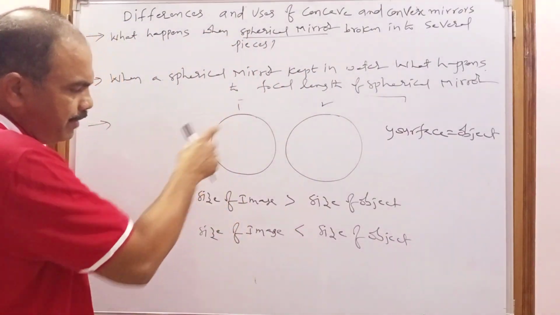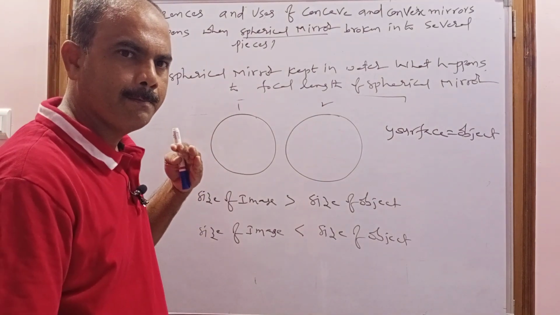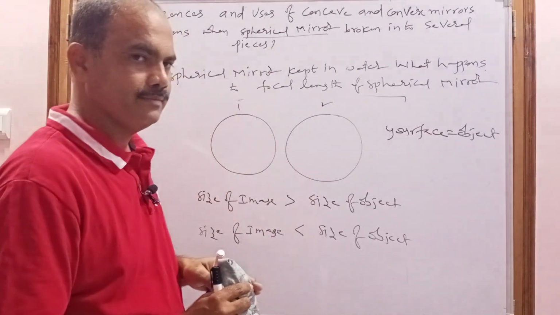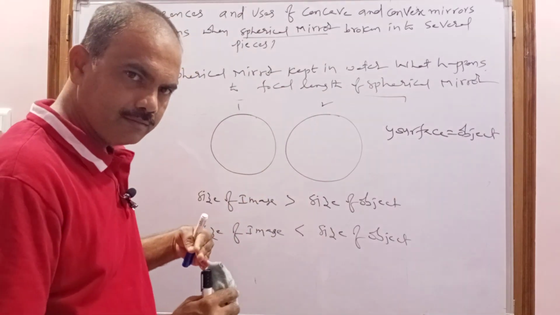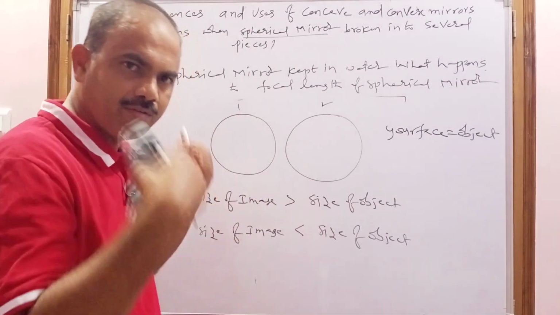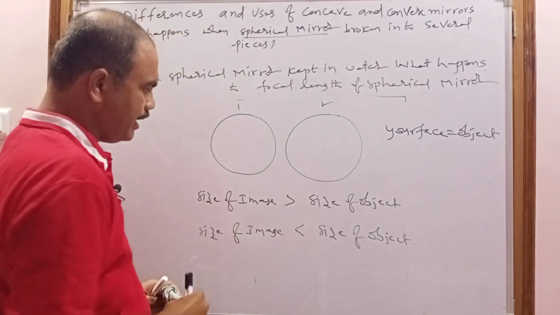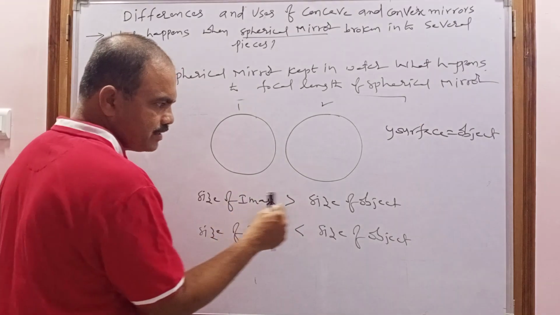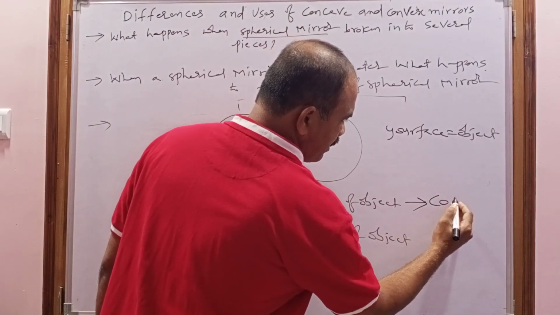In one mirror, your face image will be greater than your actual face size. In the other mirror, your face image will be less than your actual face size. So in which mirror is the size of the image greater than the size of the object?